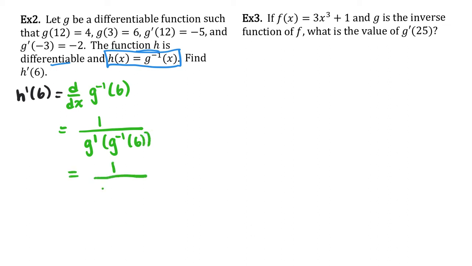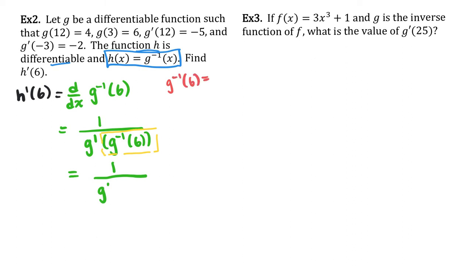I'm going to do the inner parenthesis first. So let me just look at this part. I want to figure out what g inverse of 6 is. Hold on, let me write inverse correctly. G inverse of 6.